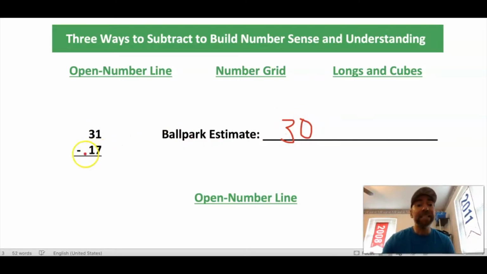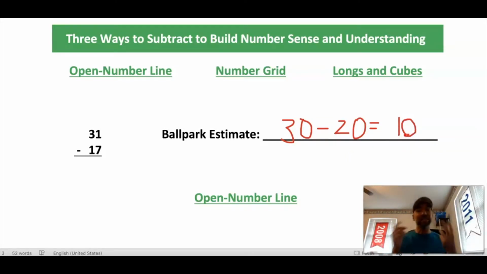And 17 is between 10 and 20, but it's closer to 20. And I'm subtracting, so I have 30 subtract 20. Well, 3 minus 2 is 1. 30 minus 20 is 10. So my answer should be close to 10.